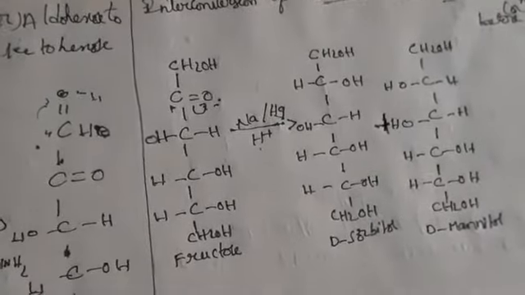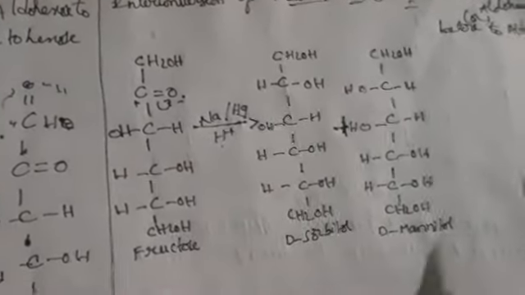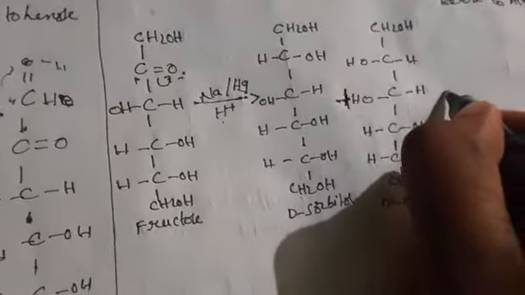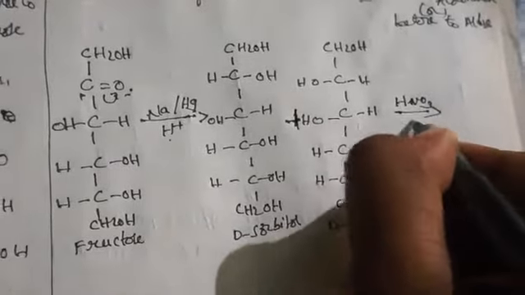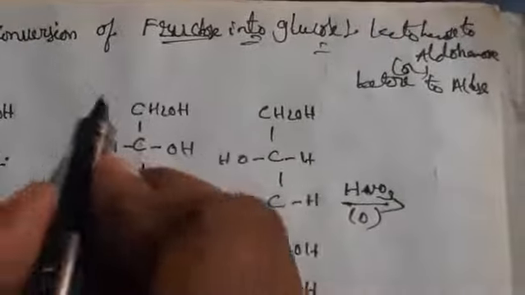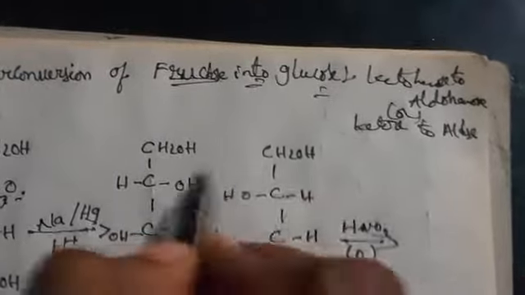We did reduction, addition of hydrogens took place. Now we are doing oxidation. If we do oxidation, what will happen? Oxygen is going to add. So here HNO3, oxidation. When we are doing oxidation, the primary alcohol is oxidized to acid.